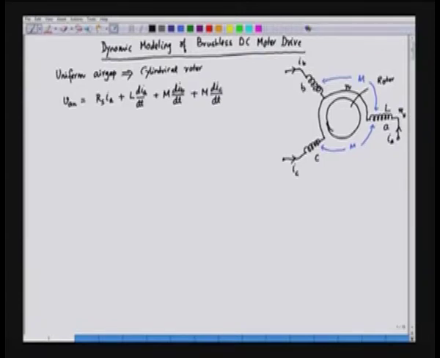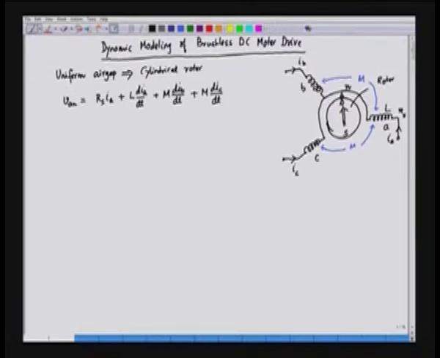This could be a north pole, here we have a south pole, and this is a permanent magnet structure. So when the rotor is rotating, this is the direction of the flux which is coming out of the rotor like this, and this is linking the stator, and as a result each phase will have an induced EMF. And we know that induced EMF in a brushless DC motor is trapezoidal in nature.